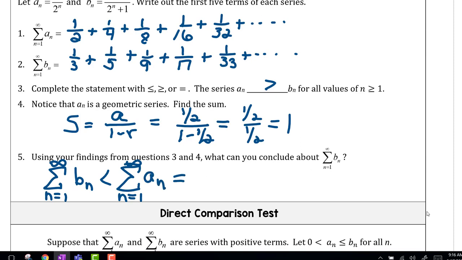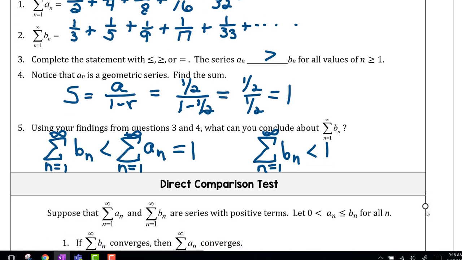We know this equals 1, so we can conclude that the sum of b sub n has to be less than 1.